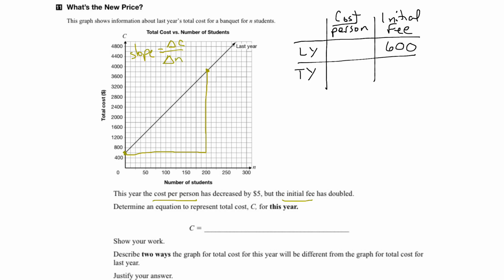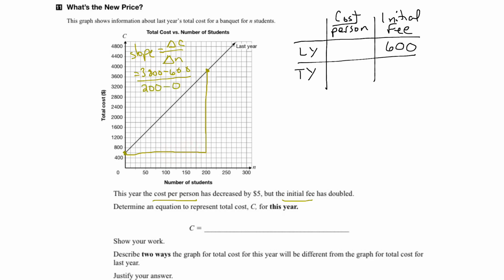So let's look at the change in cost. Well, the initial cost is $600, and if we go all the way up to here, the cost at 200 students would be $3,800, it looks like. So the change would be $3,800 minus $600, and the change in the number of students would be from 0 all the way up to 200.